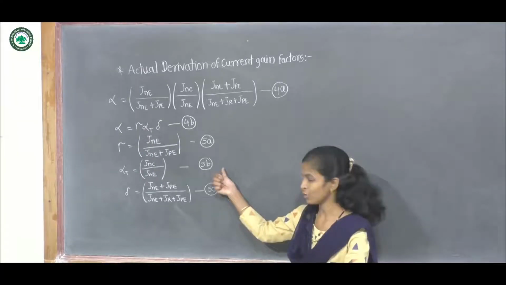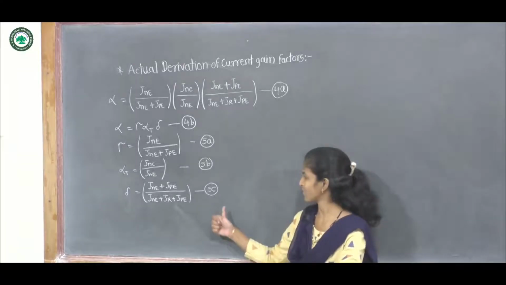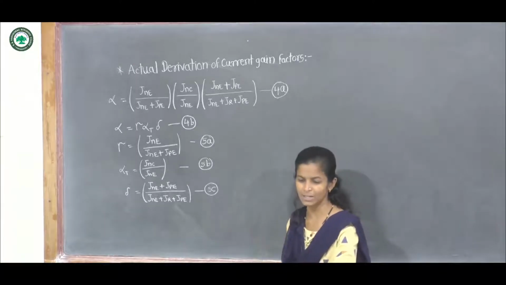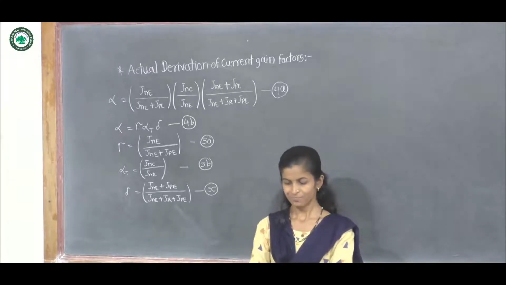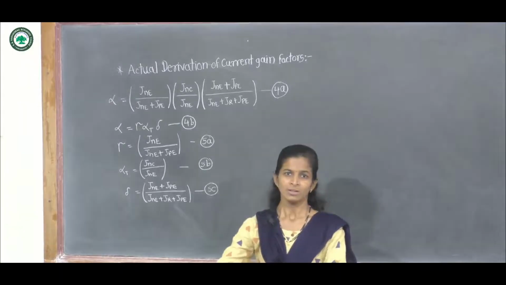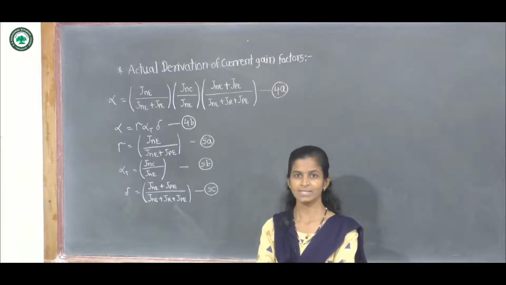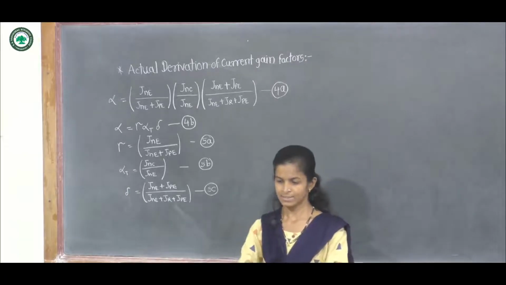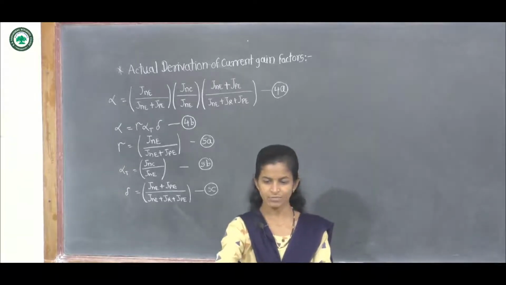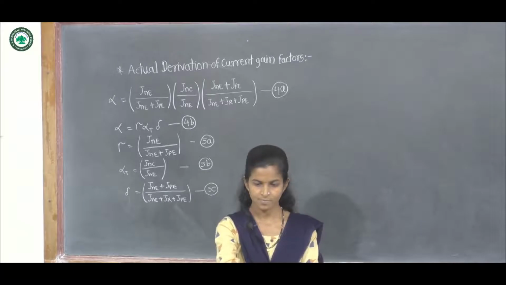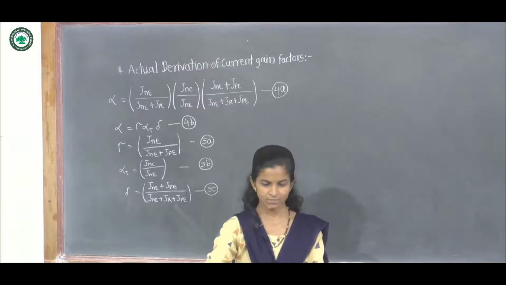Equation 5b is the base transport factor, and equation 5c is the recombination factor. So we have to see what these factors are in detail. First we will see the derivation for the emitter injection efficiency factor.